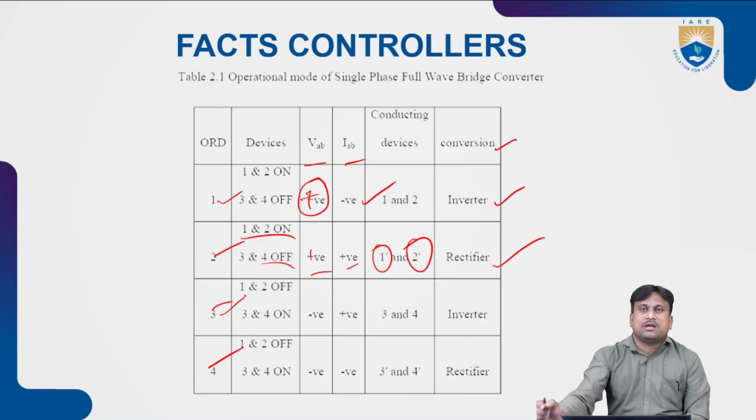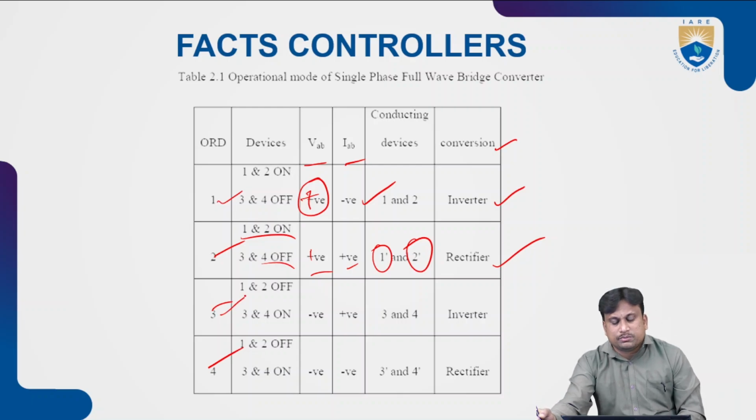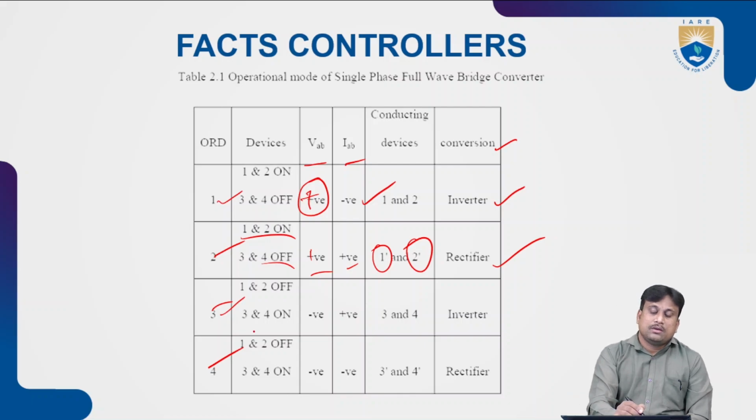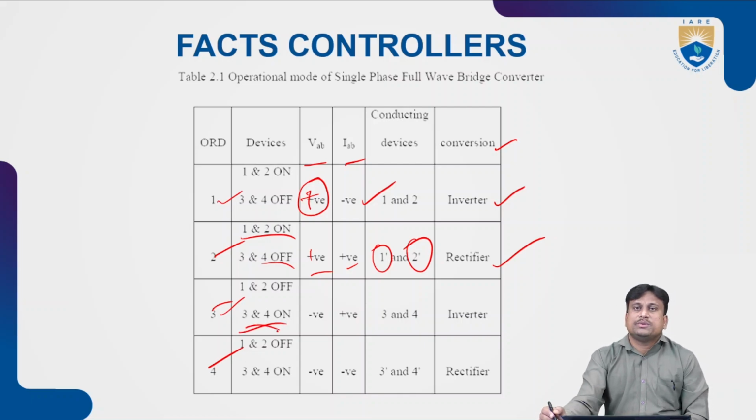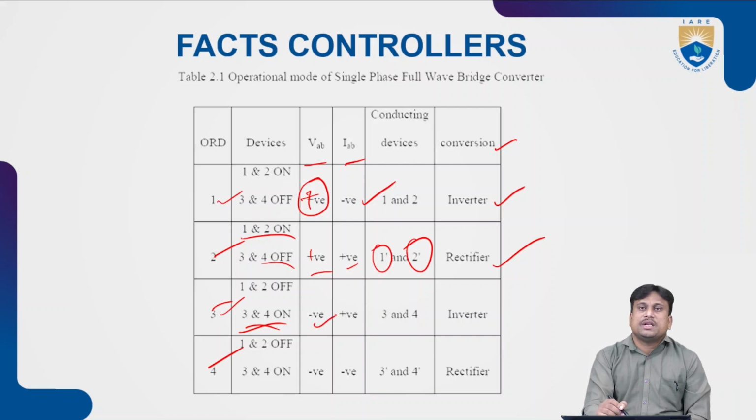Similarly, for the third order of sequence, 1 and 2 are turned off and the third and fourth devices are turned on. Because of this, VAB becomes negative and IAB becomes positive. The conducting devices are 3 and 4, and because of their conduction, 1 and 2 are in the off state. This mode is inverter operation.